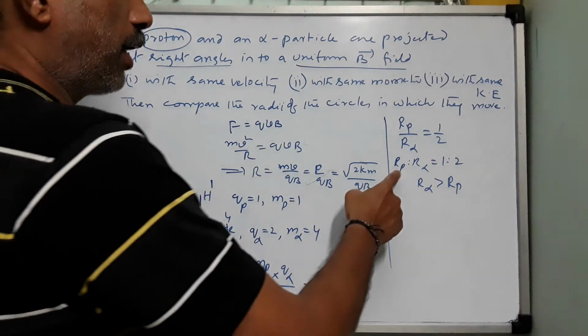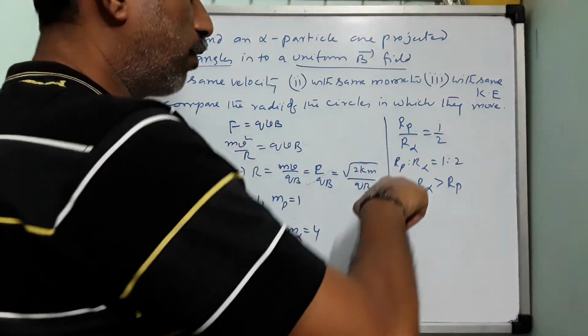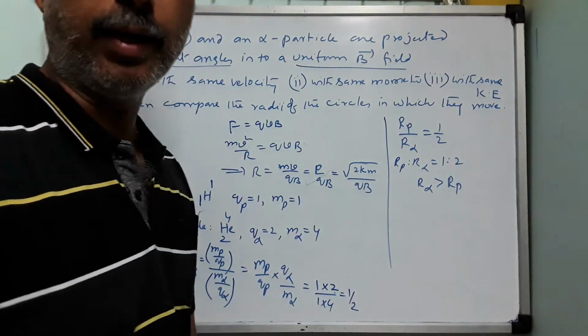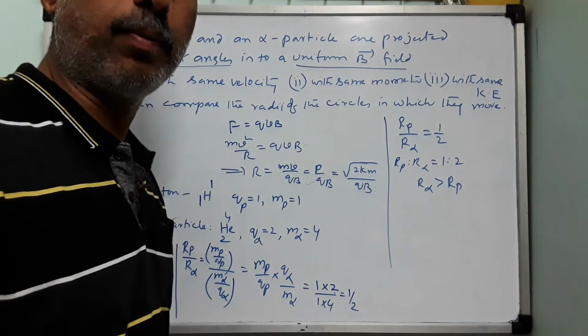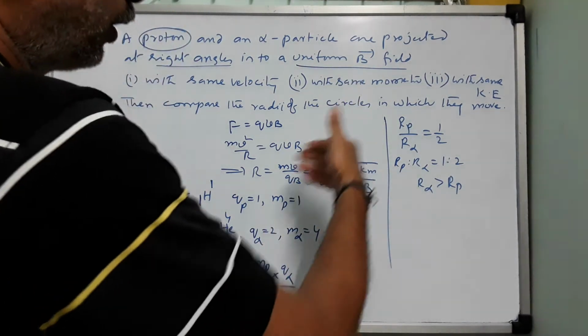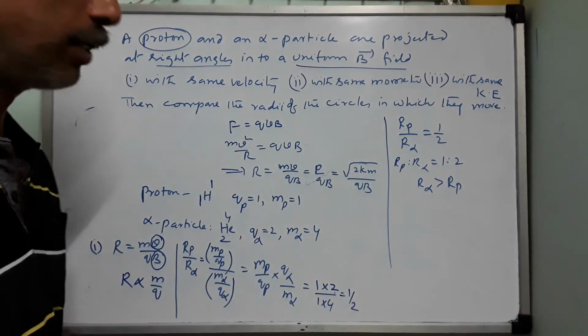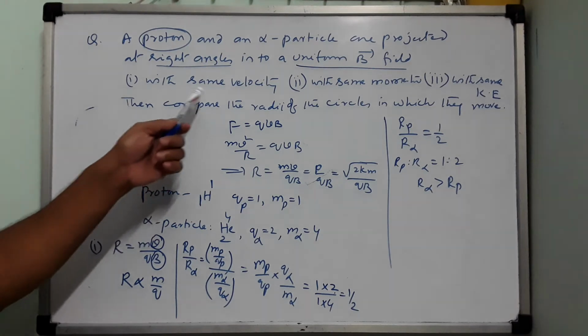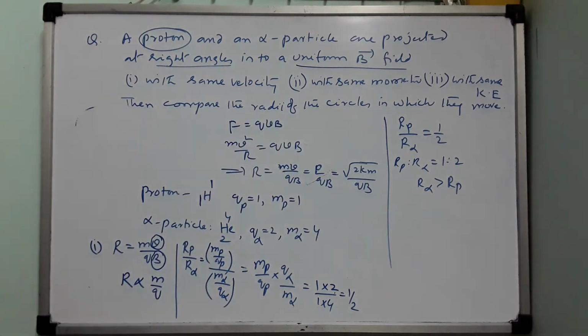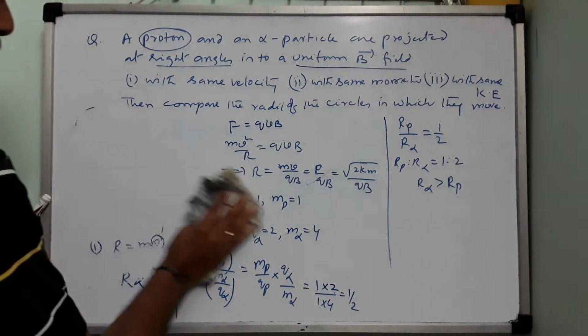If it is Rp by R alpha, 1 by 2; R alpha by Rp, it will be 2 by 1, 2:1. Both options will be there, 1:2 and 2:1. So accordingly, the answer is to be selected based on how the question is asked. Okay, right. So for this case with same velocity, alpha particle will go in a circle of bigger radius. Now we will go for the second one.